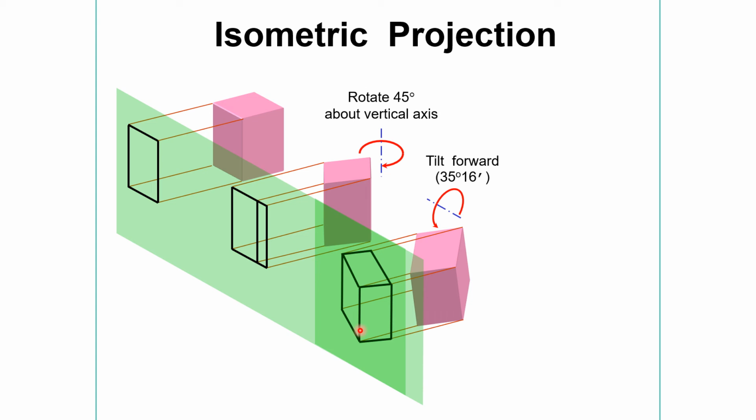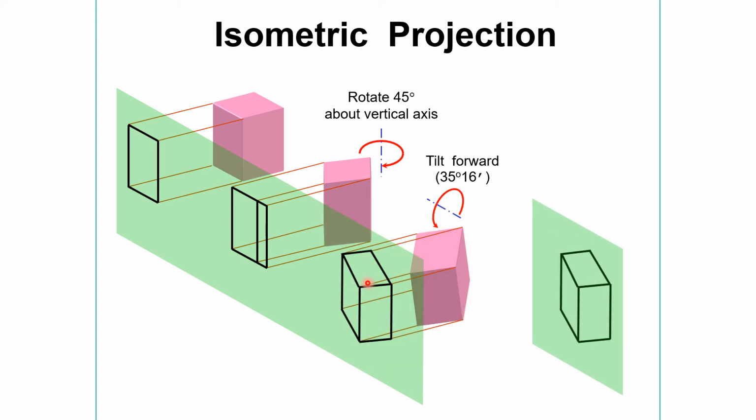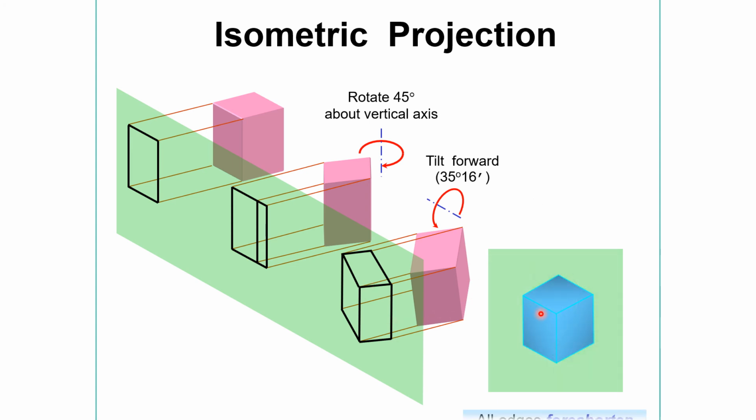That is the isometric, when the lines from a 3D object are drawn parallel to the plane of projection, and that projection is isometric projection. Here this is the actual object.